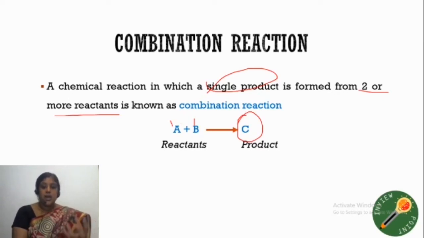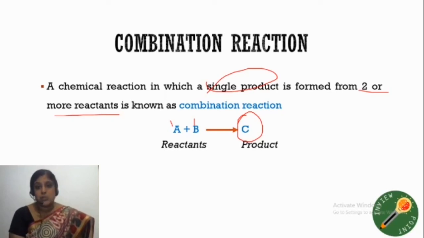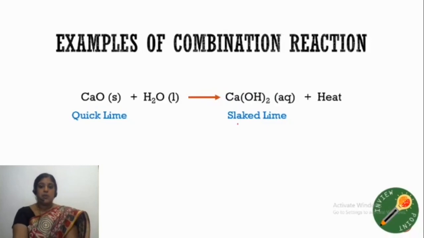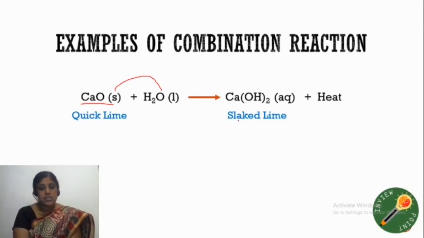There can be 2 or more reactants, and they react to form a single product. Such chemical reactions are known as combination reactions. An example is quicklime, that is calcium oxide, which when it reacts with water gives calcium hydroxide, that is slaked lime.